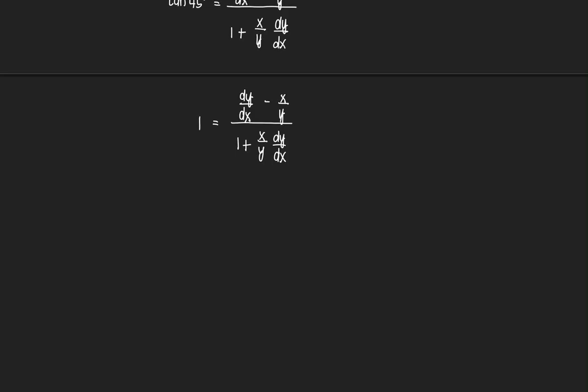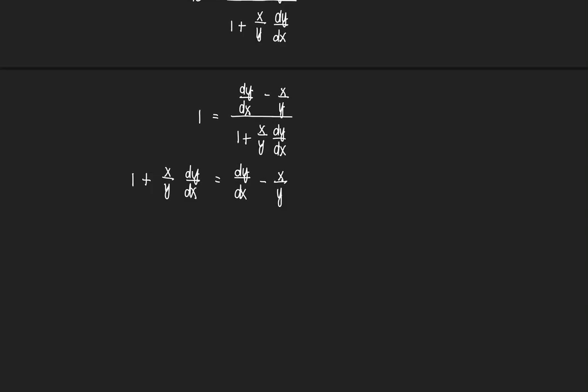Then that would now be equal to 1 plus x over y dy/dx equals dy/dx minus x over y. So we are going to multiply both sides of the equation by y dx. That would give us y dx plus x dy equals y dy minus x dx.